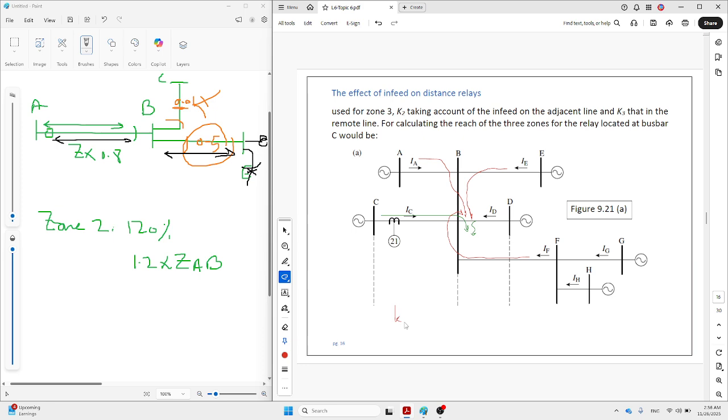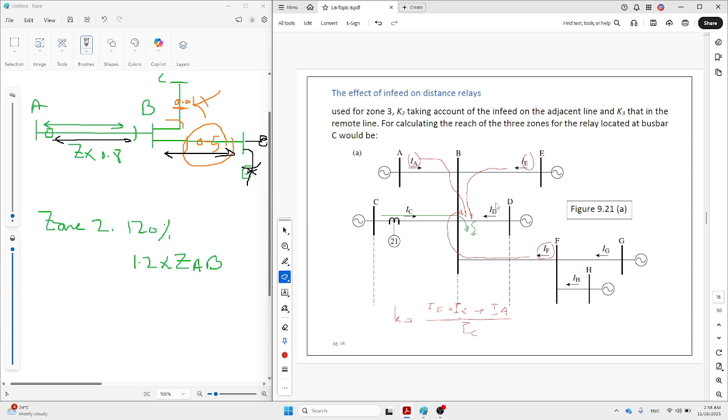So the K factor for here is IF, IE plus IA over the current at the relay point.